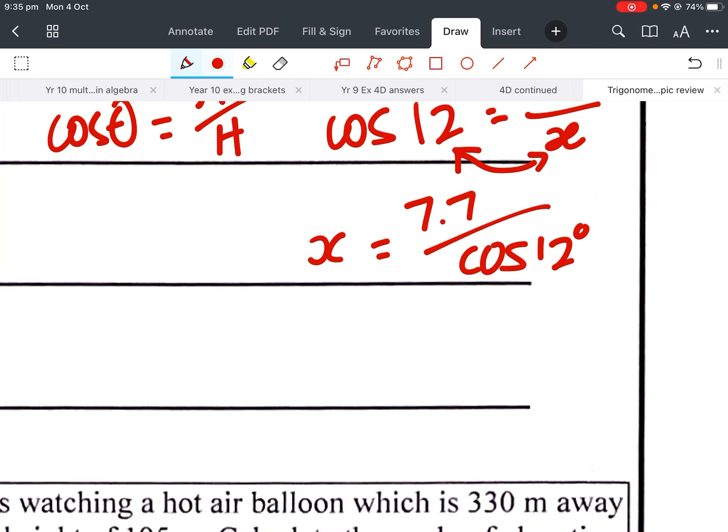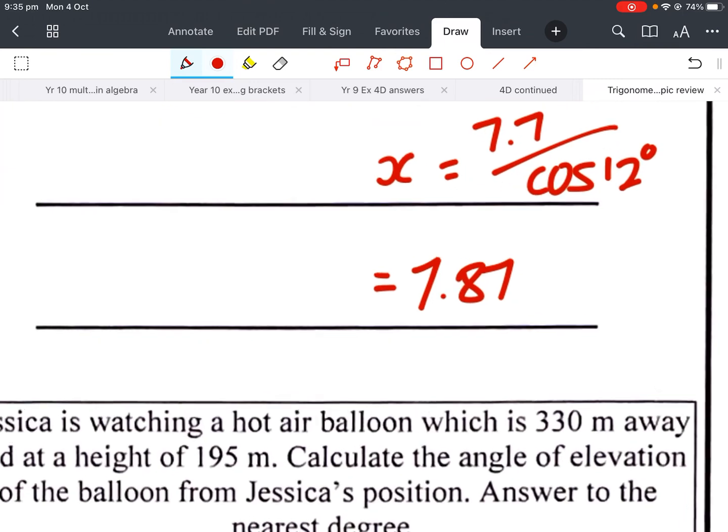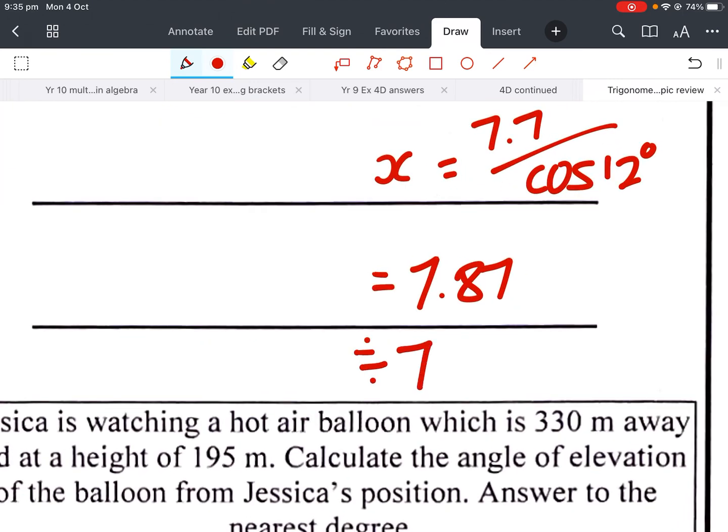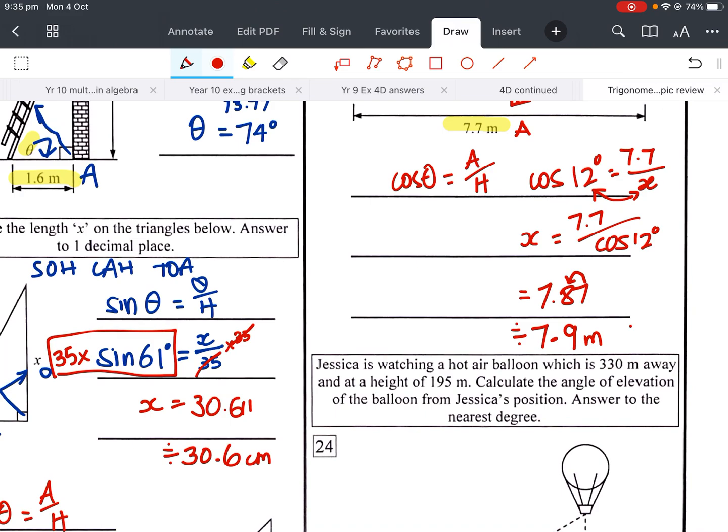If you've opened brackets, please make sure you close them. I get 7.87, and my answer needs to be to one decimal place. So that rounds the 8 up into a 9, and that's in meters. All right, there you go.